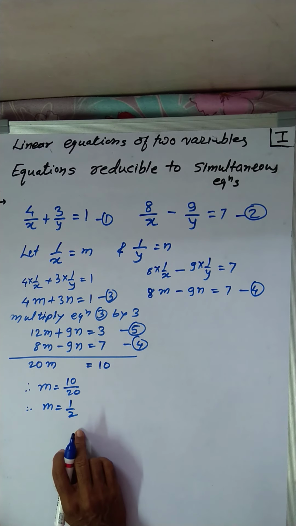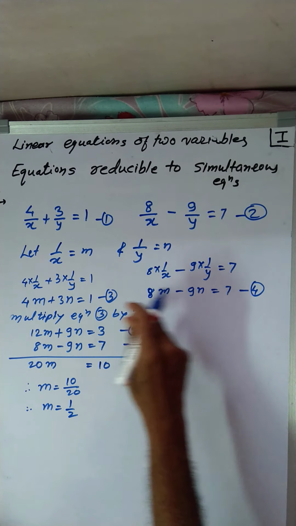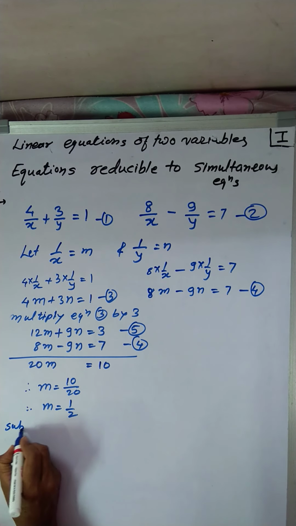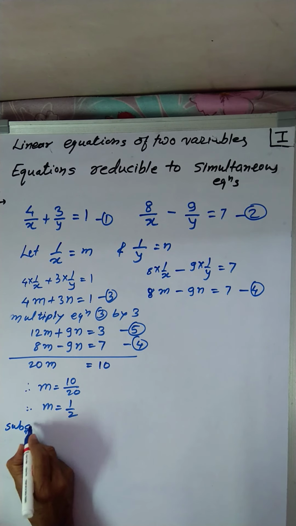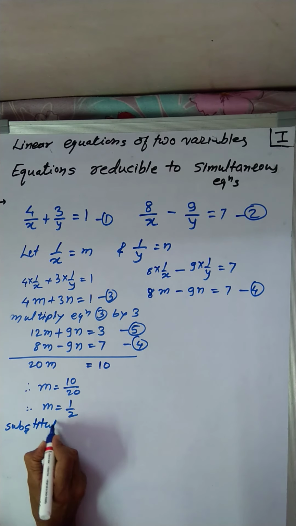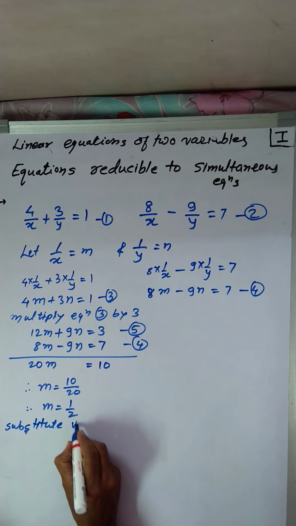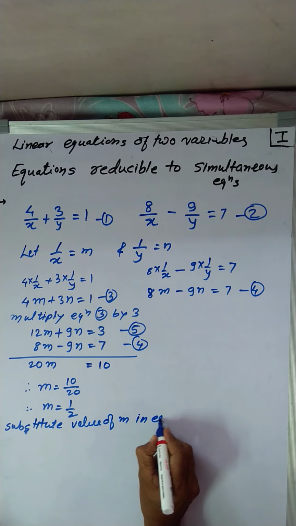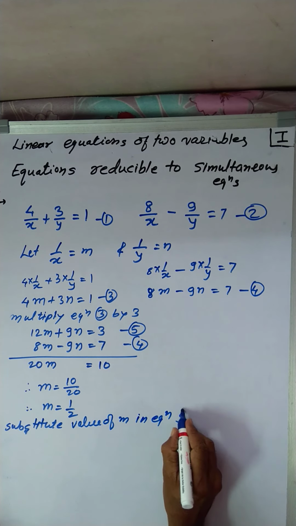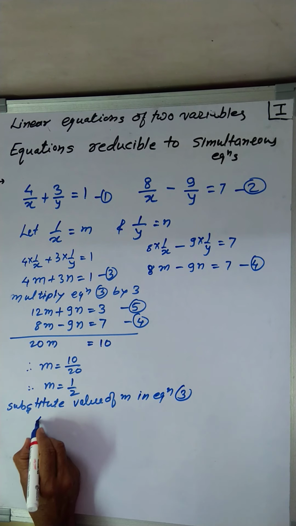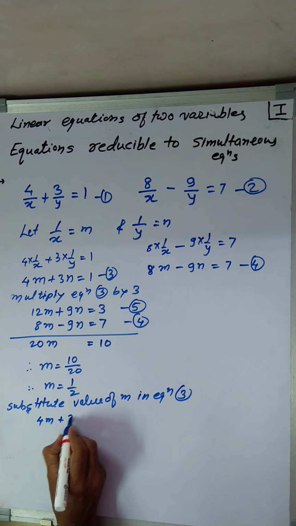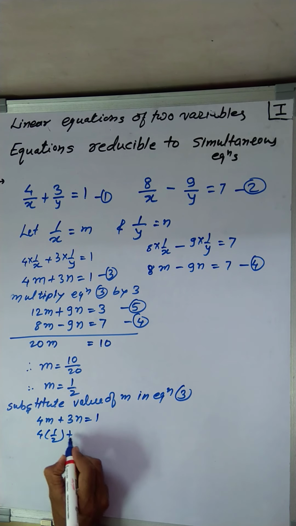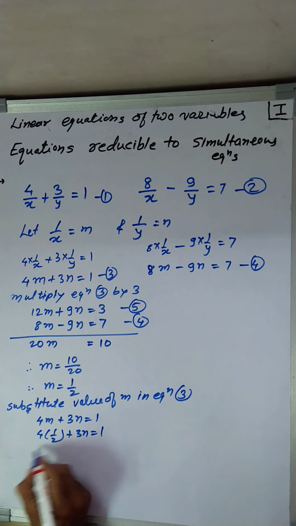Now we have to substitute this in equation 3. We get 4m plus 3n is equal to 1. 4 into 1 upon 2 plus 3n is equal to 1.